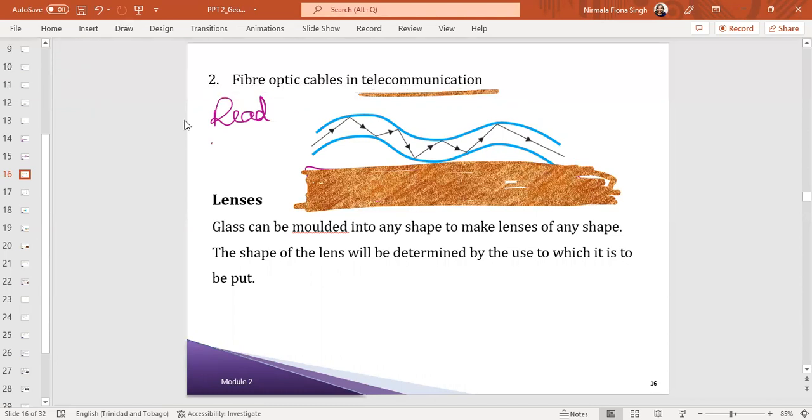Anybody? Yeah? What do you know a fiber optic cable is? I know it lights up. It has like light to it. That's okay, right?